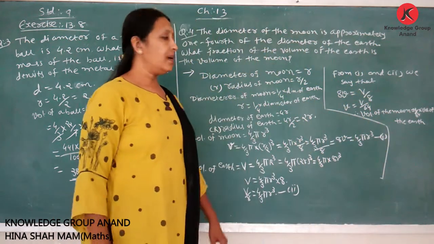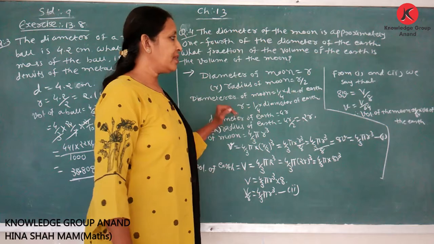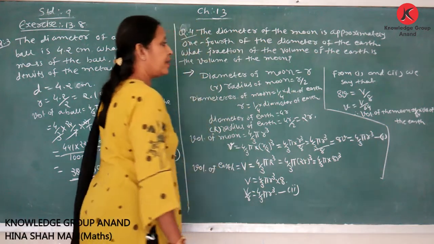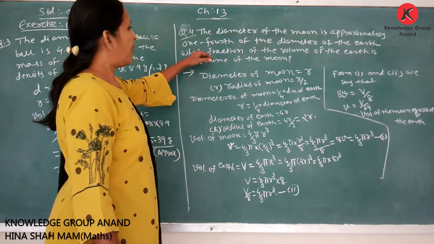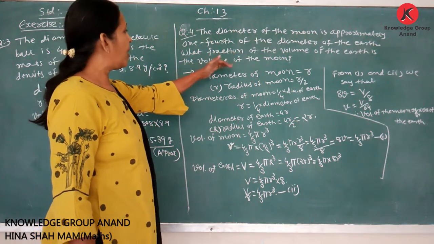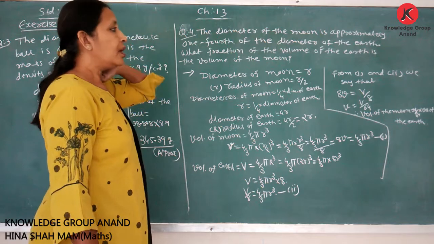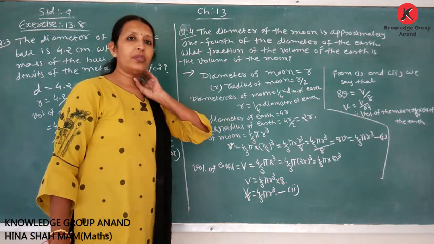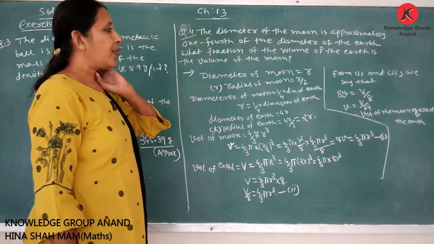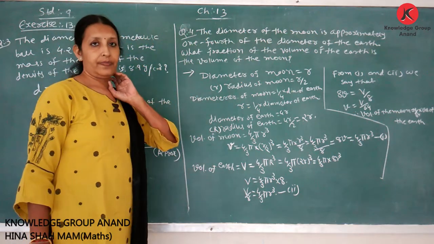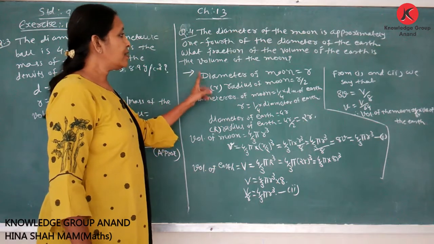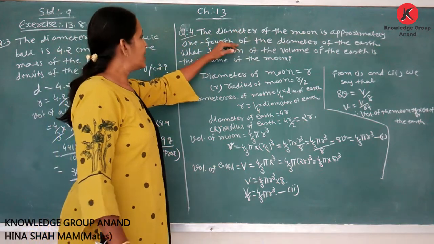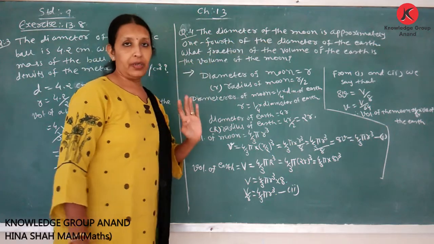Again this question. Find what fraction of the volume of the earth is the volume of the moon. The volume of the moon is 1 upon 64 of the volume of the earth. In this question, the diameter of the moon is approximately 1/4 of the diameter of the earth.